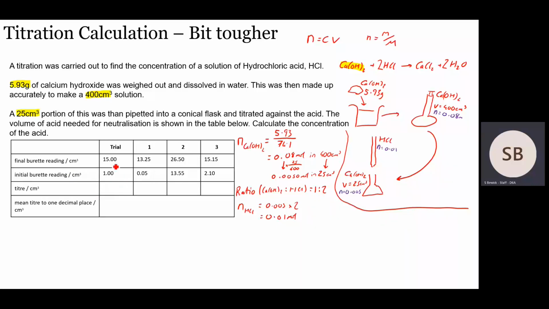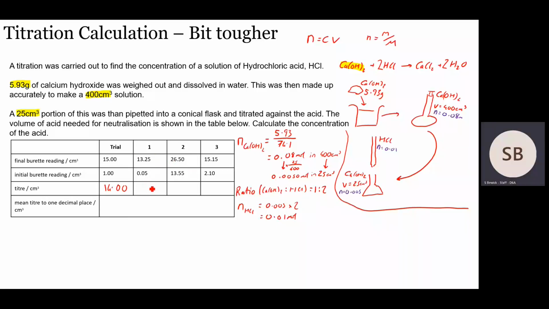So the titer is just going to be the final reading, take away the initial reading. So 15 take away 1 is 14, but you'll never write down 14. Everything in this table will be to 2 decimal places. Sometimes the rough titration or the trial is done to 1, but I prefer to do everything to 2.